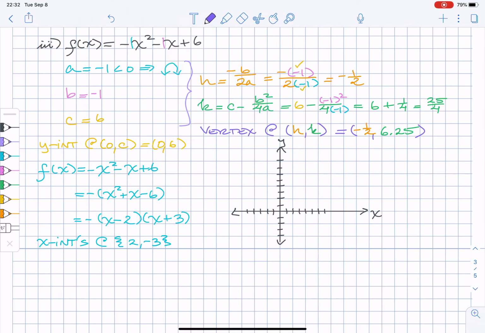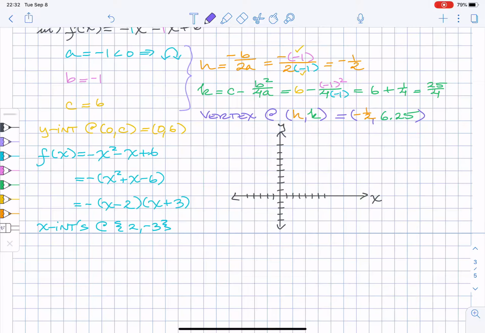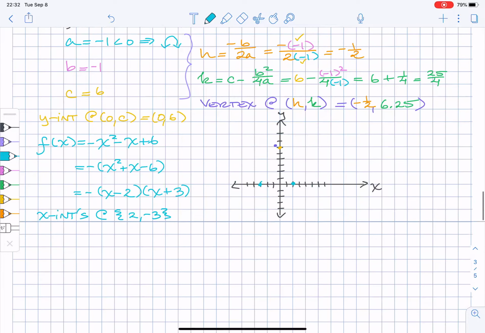So the vertex is at -1/2 and 6.25, so 2, 4, 6 and a little bit. And now I'm going to open downwards. My y-intercept is at 6. My x-intercepts are at +2 and -3. Okay, and that's really all I need.